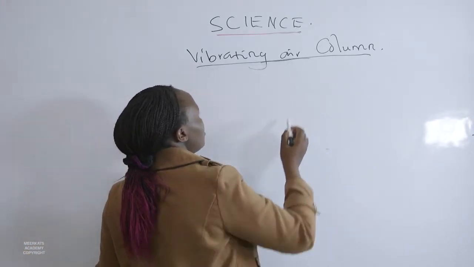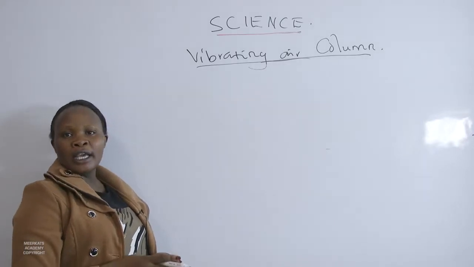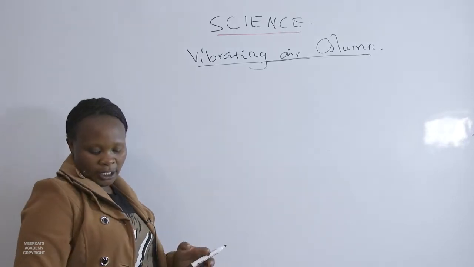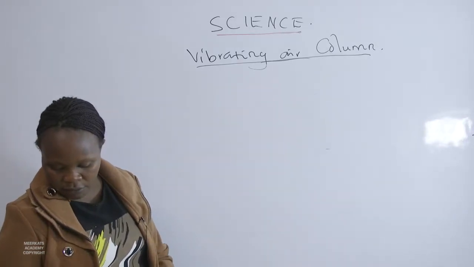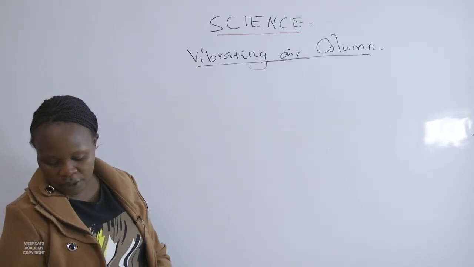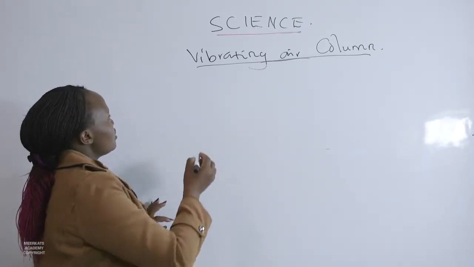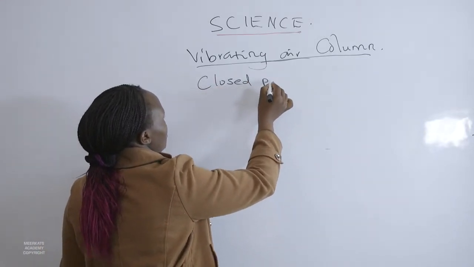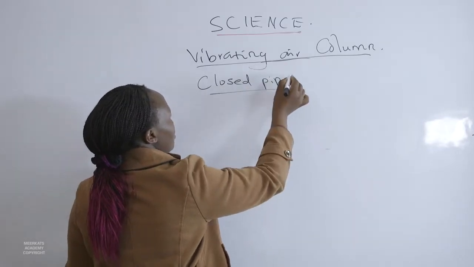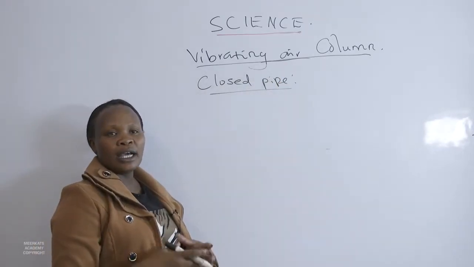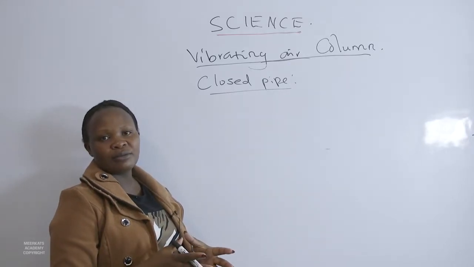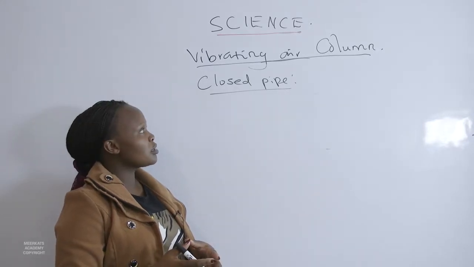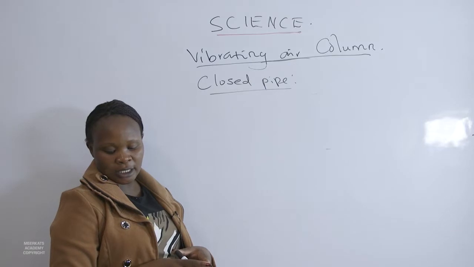Now, right now, we want to go further and discuss air column. Can air column vibrate to form qualities that we are talking about? We start with a closed pipe, and find out how air column can vibrate in a closed pipe to form some features like the ones we are discussing.